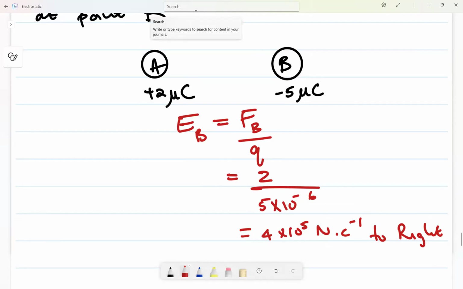So charge B experiences a force of 2 newtons due to charge A. At point B, the electric field will not be to the right, rather to the left. B will experience an electric field moving it towards that direction, so it's going to be to the left like that.